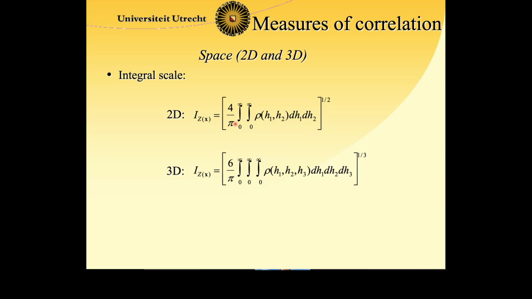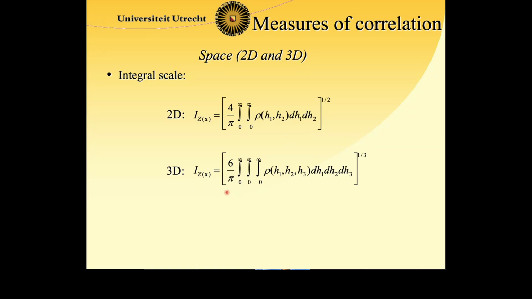You see here that the value of pi appears, and that has to do with the fact that we're actually integrating in expanding circles like that, right? So this is where the pi comes from, or extending spheres in 3 dimensions. So that is the 2 and 3D versions of the integral scale.